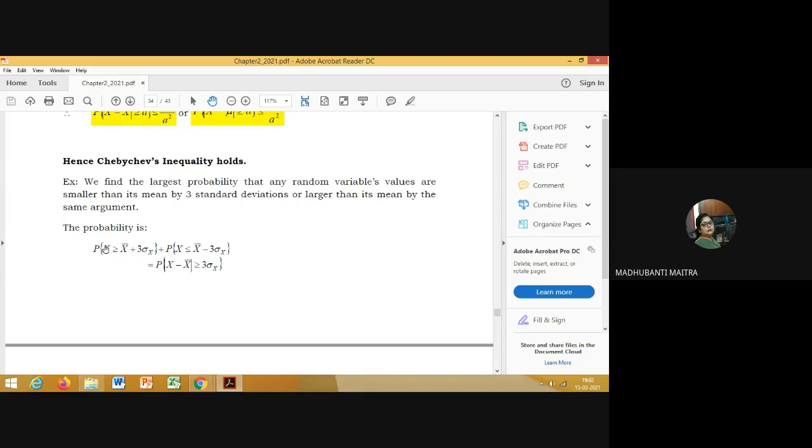The probability that x is greater than or equal to x bar plus 3 sigma x, plus the probability that x is less than or equal to x bar minus 3 sigma x. Is it clear? So we are trying to find out this probability.